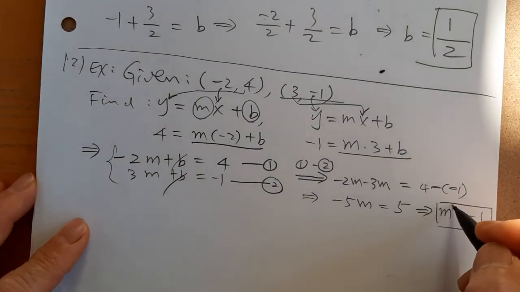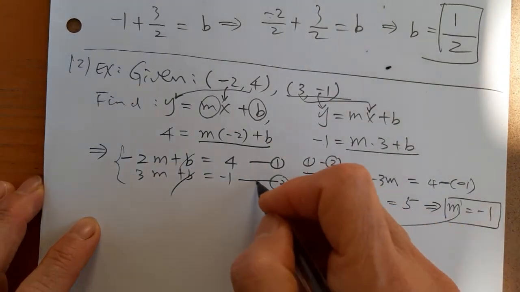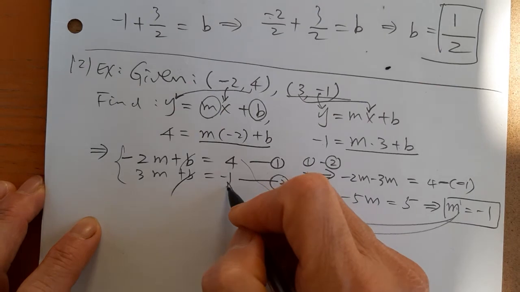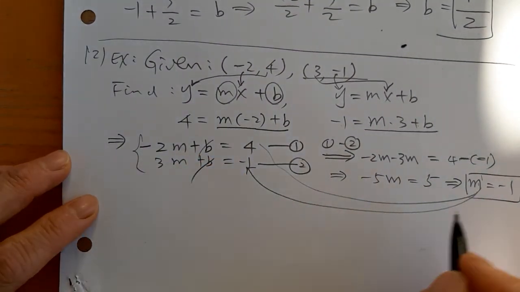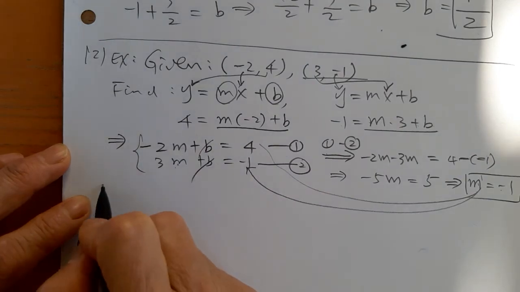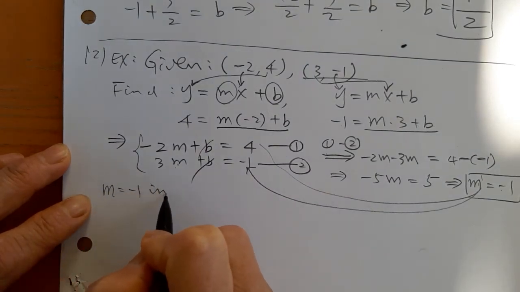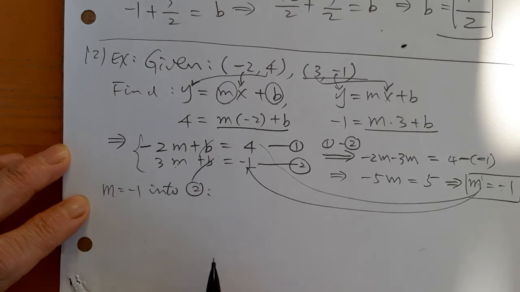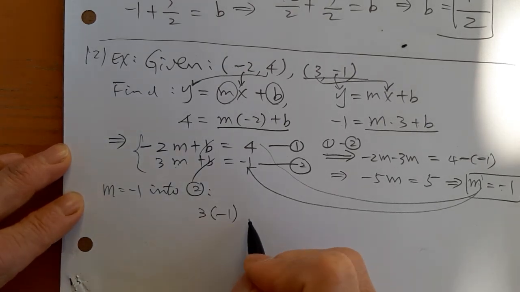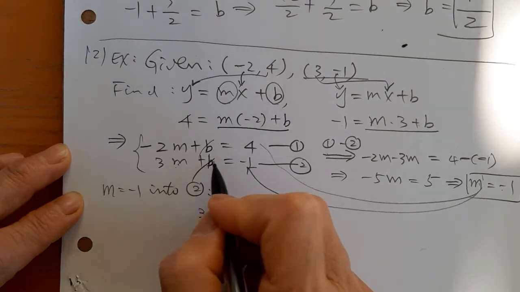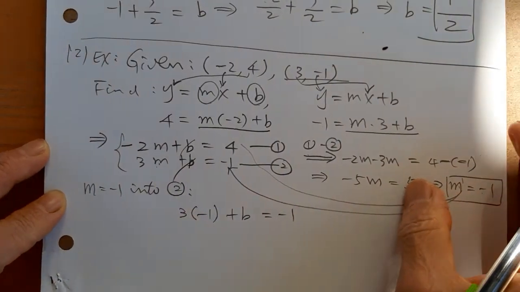Then with m equals -1, you can plug it into either the first equation or the second equation to get b. Let's put it in the second equation. So it's 3 times m, m is -1, plug it in, plus b equals -1.